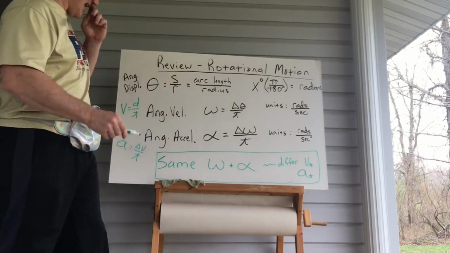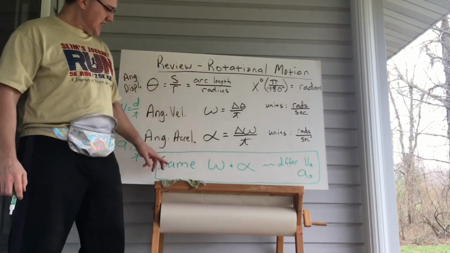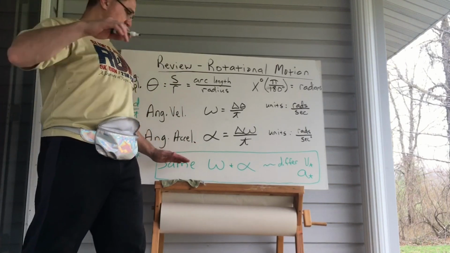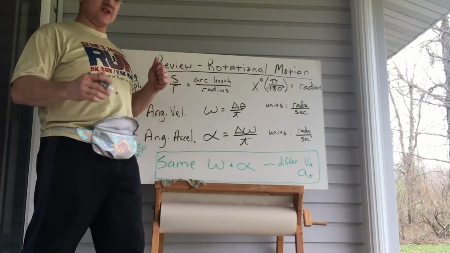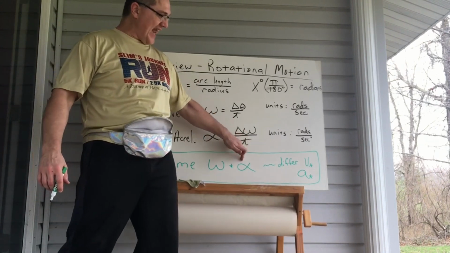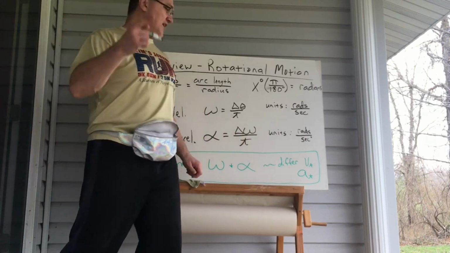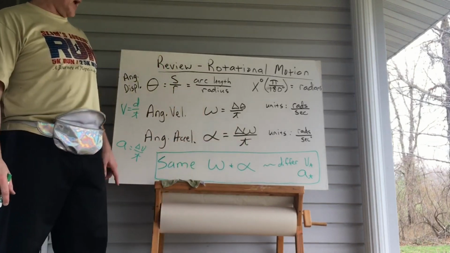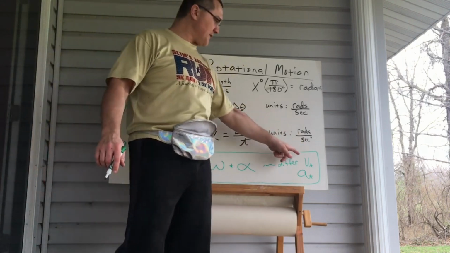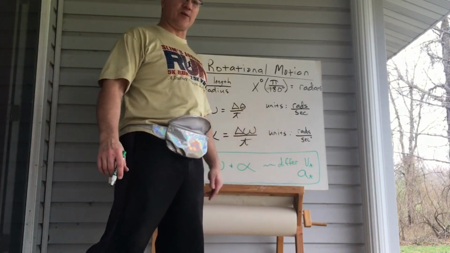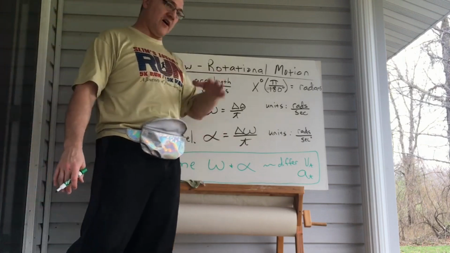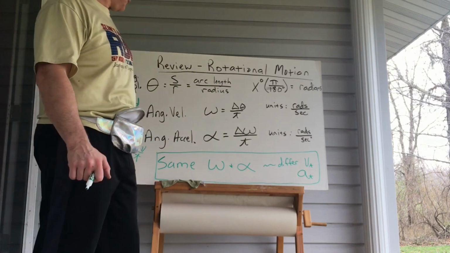Now, something we have to note: anywhere on the radius, for a rigid object that is spinning, you always have the same angular velocity and angular acceleration as it spins, okay? When you're talking about tangentials, you're going to have different tangential velocities and accelerations depending on where it is on the radius of that object spinning.